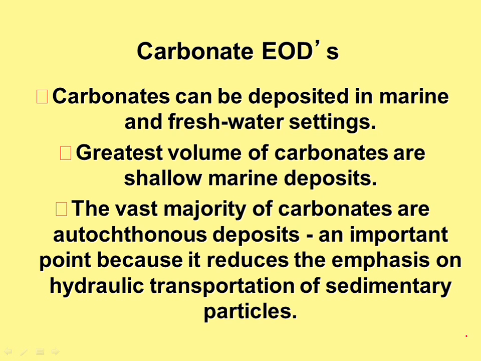Well, when we look at carbonate rocks and the particles that we see with them, they form in place in the basin. And so if you have a large chunk of a carbonate particle, such as an oyster shell, that does not indicate high energy hydraulic transportation conditions. It merely reflects the fact that that chunk of calcium carbonate grew in place.